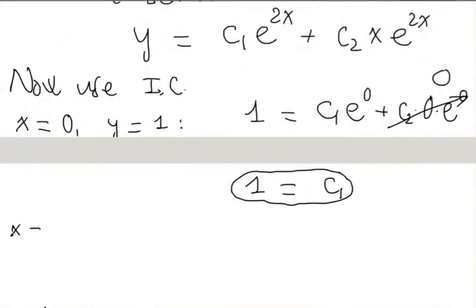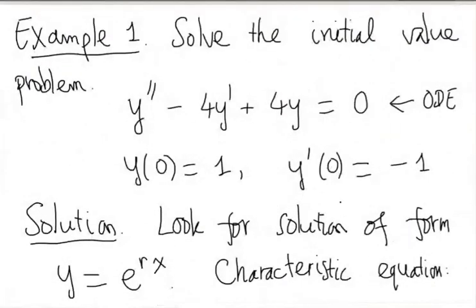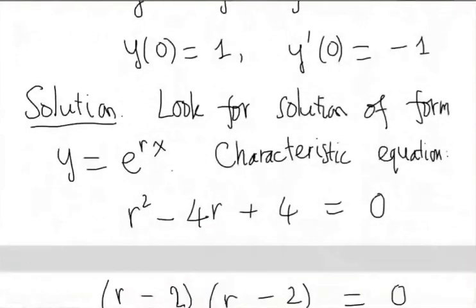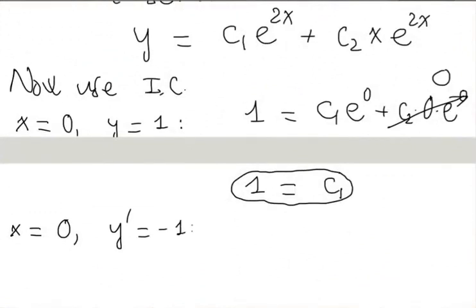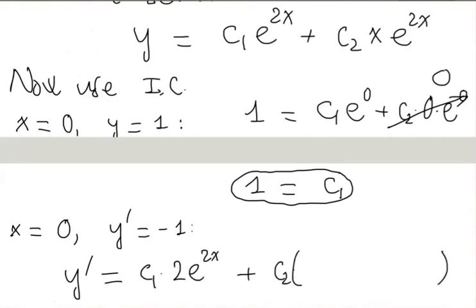Now second, we need to use the initial condition with the derivative. So y prime of 0 equals -1, which means that when x equals 0, y prime equals -1. To use this, we need to compute y prime first. The derivative of y here is c1 2e to the 2x plus c2 times, now, this derivative is a product, so we need to use the product rule.